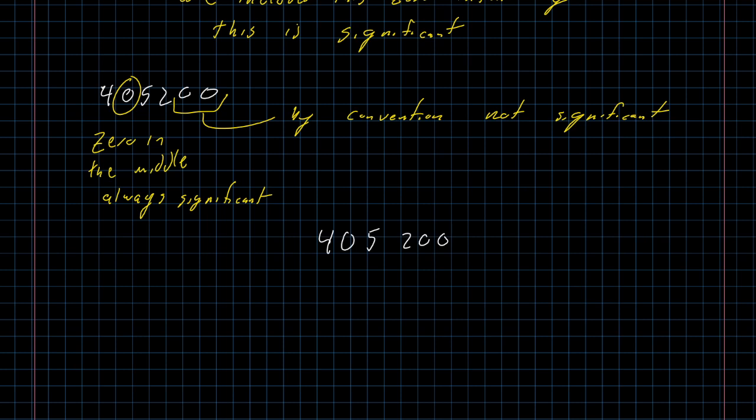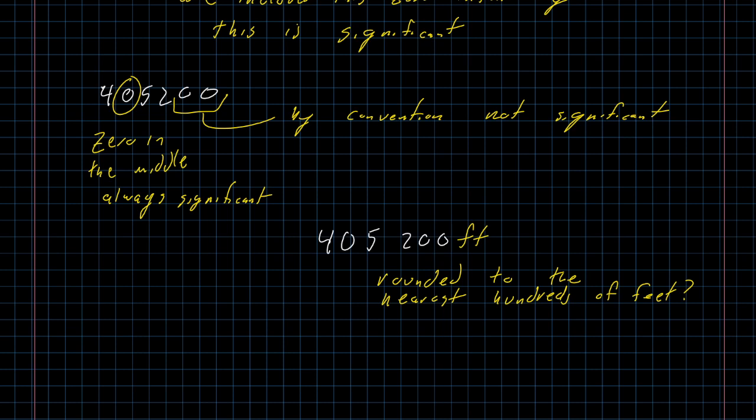The phrasing of that makes you think that if this is a measurement in feet, it's rounded to the nearest hundreds of feet. And maybe it is. That's kind of our default assumption.